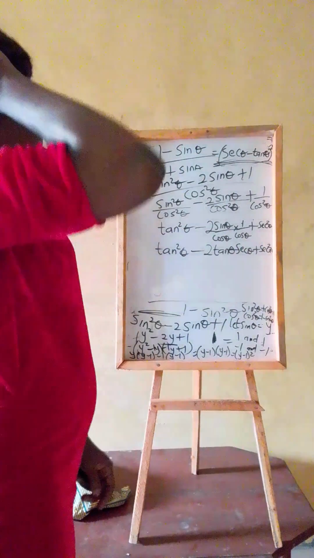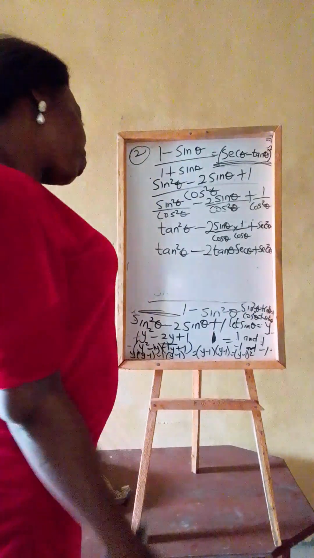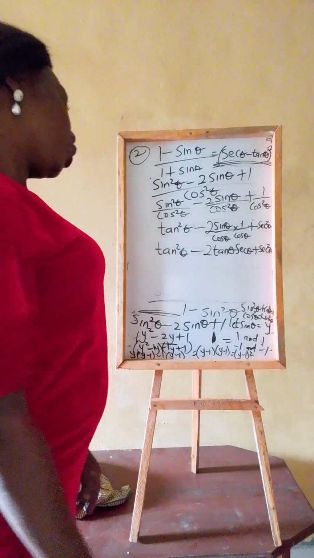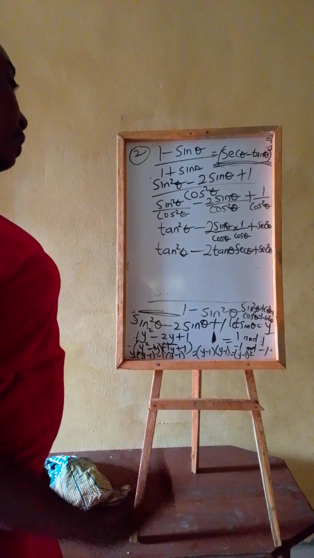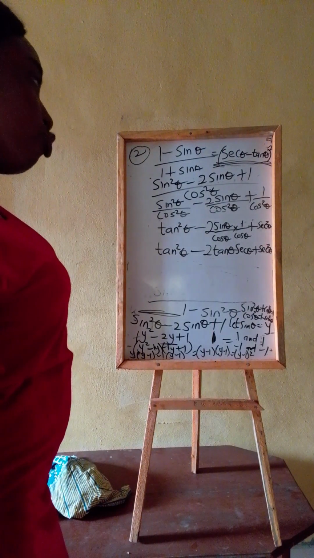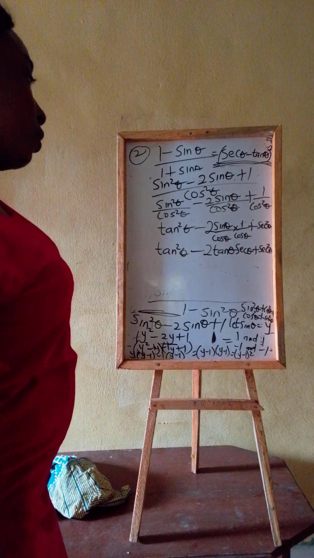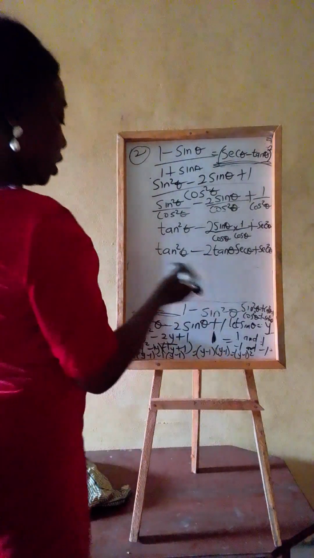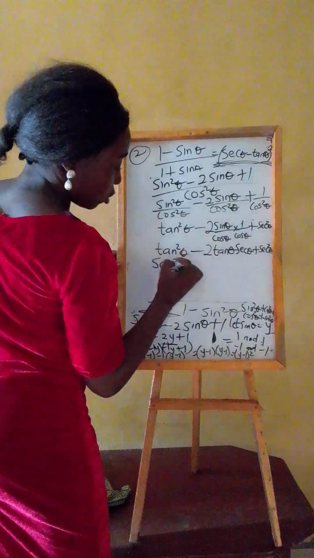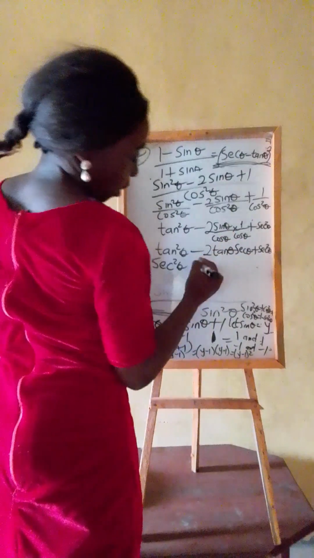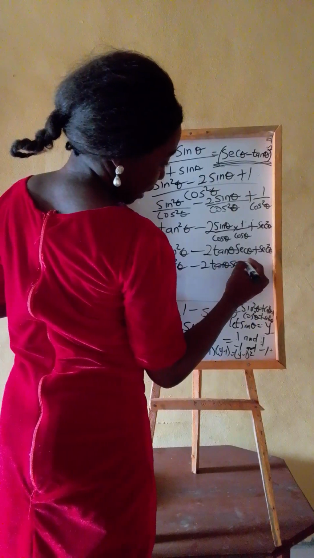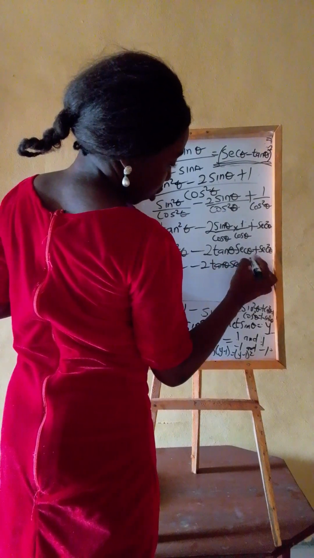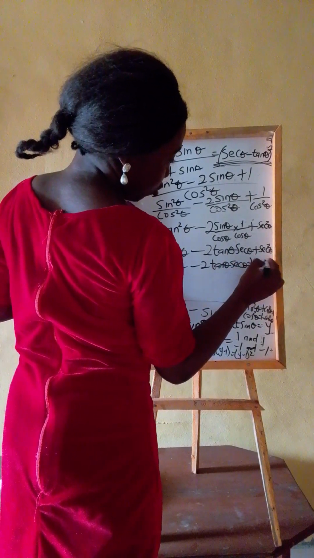So what do you do? You can decide to rearrange. I can bring my sec squared theta here: sec squared theta minus 2 tan theta sec theta plus tan squared theta.